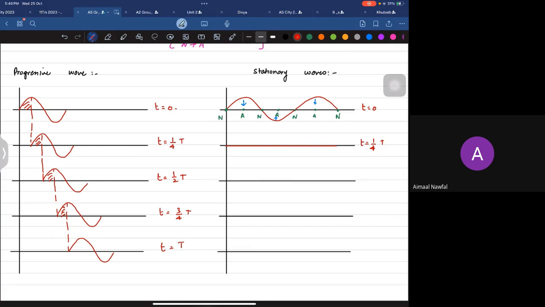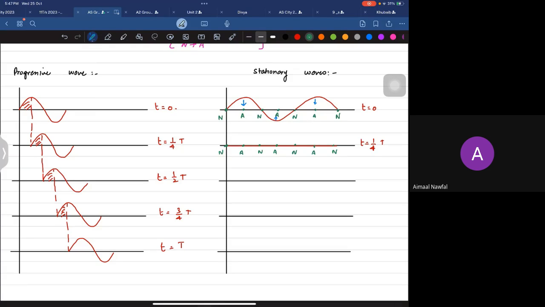There's no change in the position of nodes. Antinodes are still there, nodes are still there, antinodes, nodes, antinode, node. So it looks like it's just flat.